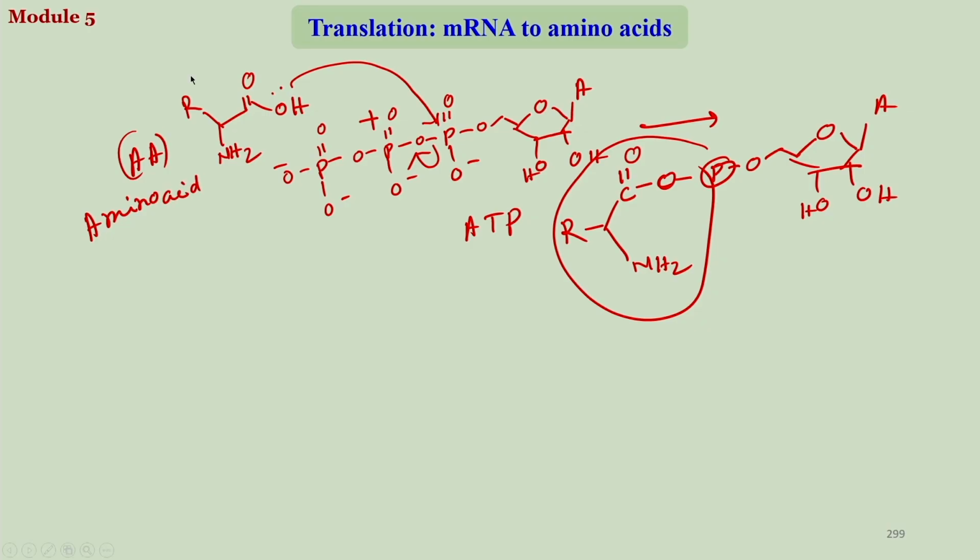R is the side chain, it can be any amino acid. So, an acyl bond has been formed. This compound is known as 5 prime aminoacyl adenylate, because it is attaching at the 5 prime position.